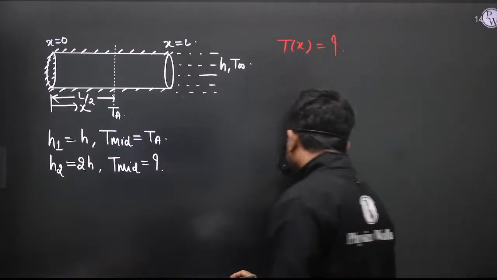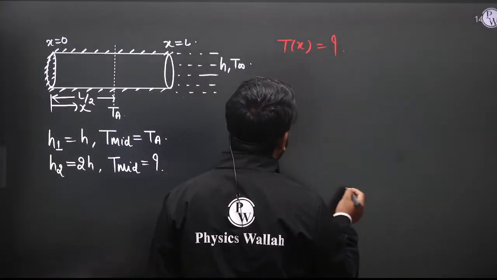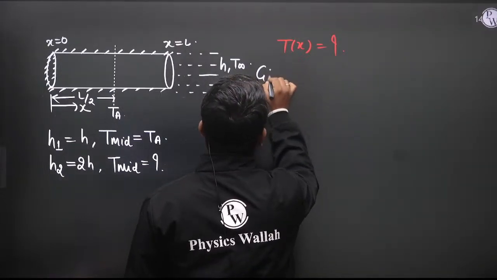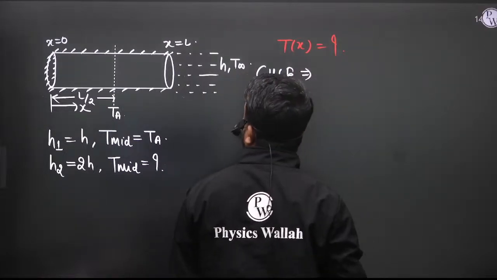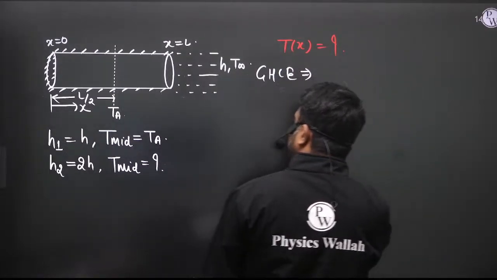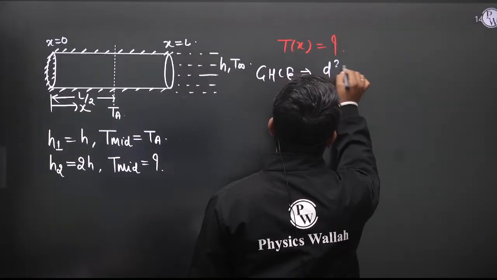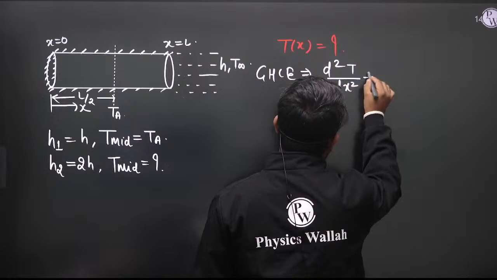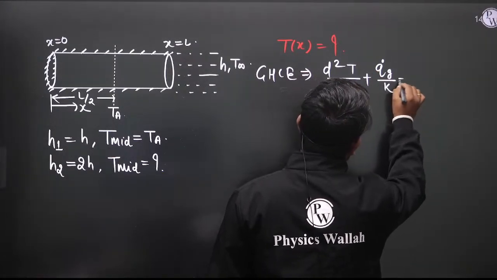Okay, now this is a cylinder problem, right? So if I write the general heat conduction equation in the axial direction, this is nothing but d square T by dx square, because thermal conductivity is constant, plus Q dot G by K is equal to 0.